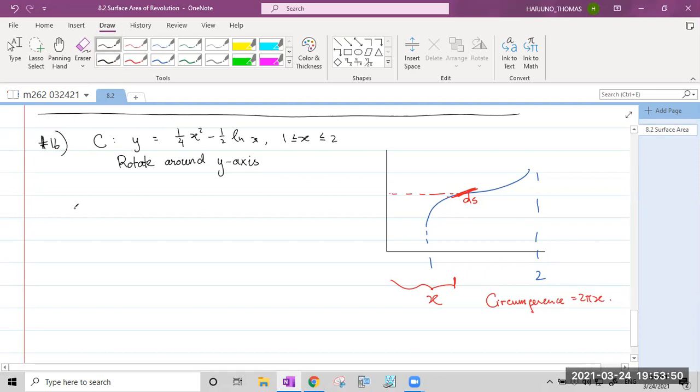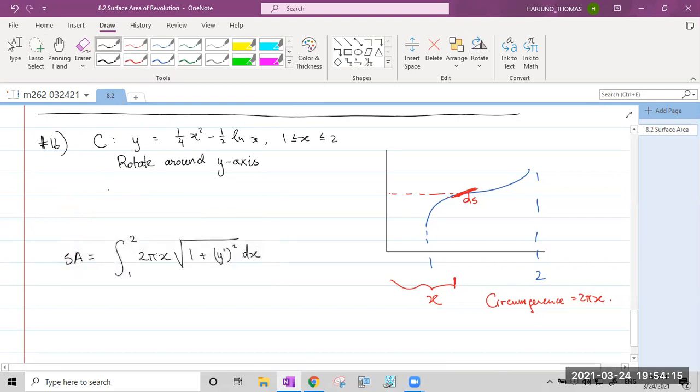Then the surface area will be the integral from 1 to 2 of 2 pi x ds, which is the square root of 1 plus y prime squared, dx. Okay, that's what we need.